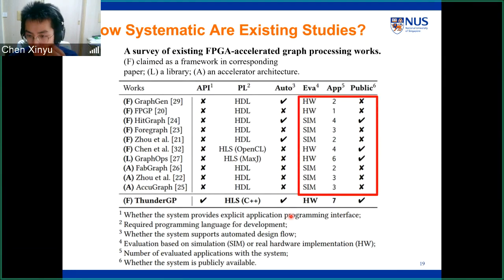Even worse, for evaluation, most of them use simulation and are not publicly available. This forbids some people from using their work. And for applications, they usually evaluate only a few applications.